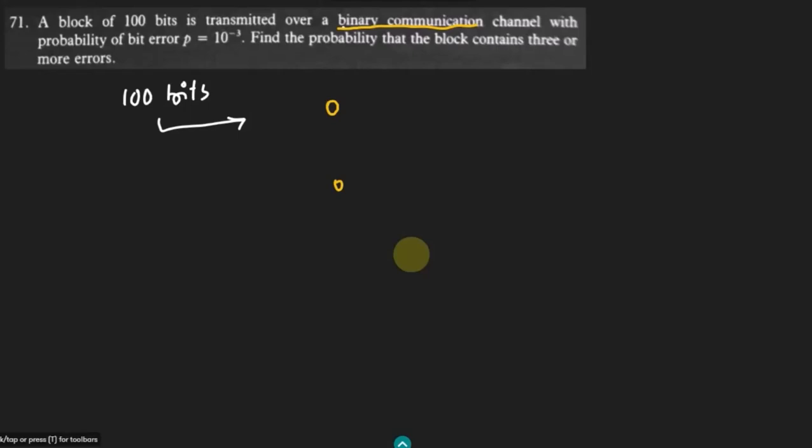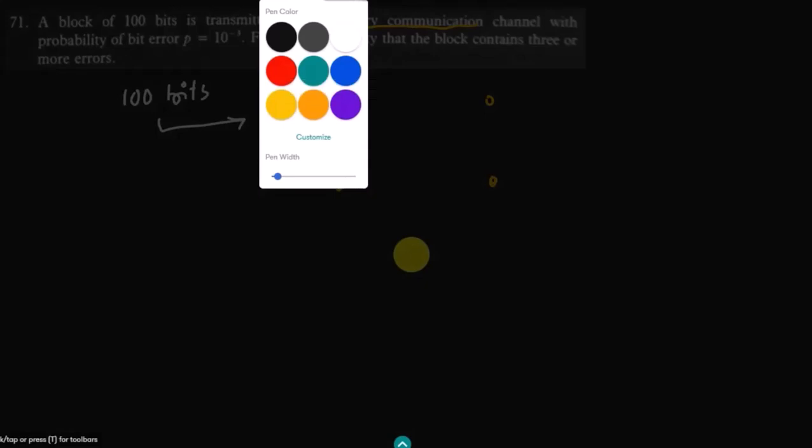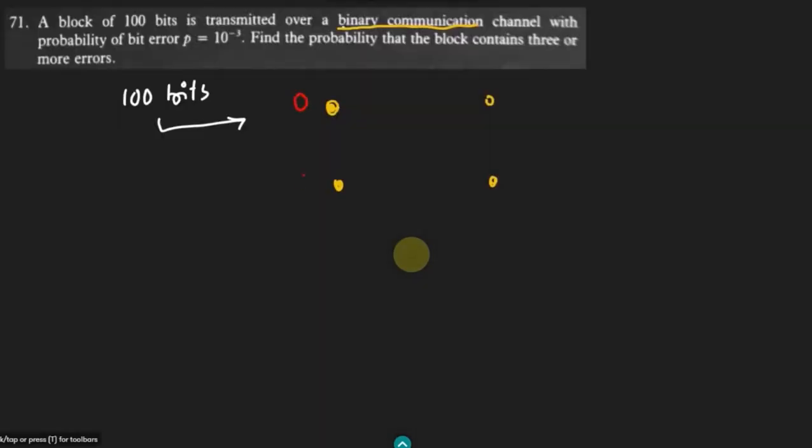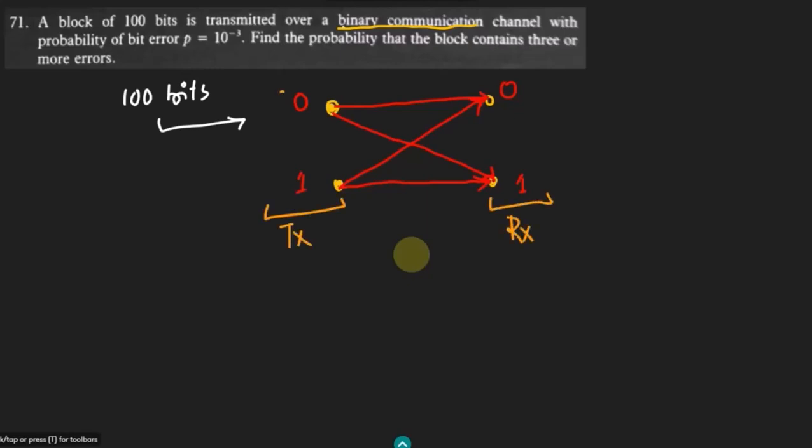This is the transmission end, and this is the reception end. Two bits can be sent out, one is 0 and the other is 1. If a bit is transmitted, we can get 0 or 1 at the reception end. If 0 is transmitted, it can be received as either 1 or 0 as well.